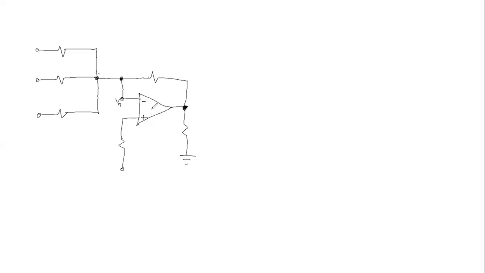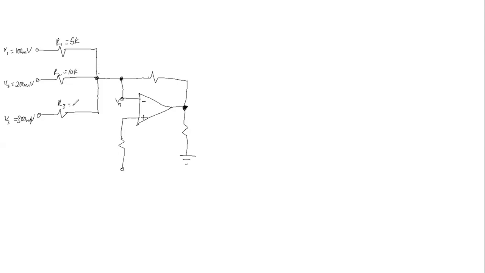Okay, this is fine. So here we have V sub 1, which is the same as 100 millivolts. Now V sub 2 is the same as 200 millivolts. And V sub 3 is the same as 300 millivolts. So we have R1, which is the same as 5k ohms. R2 is 10k ohms.